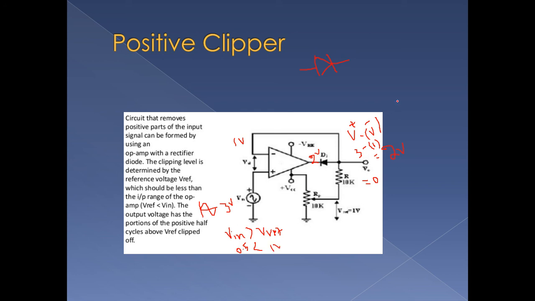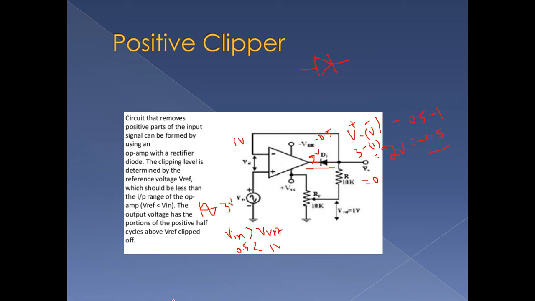So we will get V plus minus V minus, 0.5 minus 1, which is minus 0.5. So in the output side we will get minus 0.5 volt. So the diode will get forward biased. Now it will act as a short circuit. Then we will get the output in the output side.